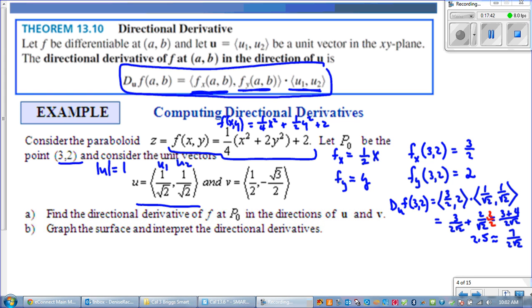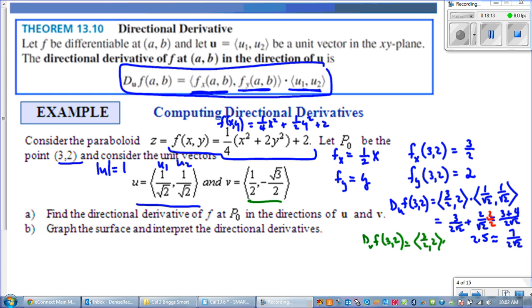So now let's find the directional derivative at (3, 2) in the direction of v. So we'll still have our 3/2 and our 2. Now check to make sure this actually has magnitude 1. The first component squared is 1/4. The second component squared is 3/4.